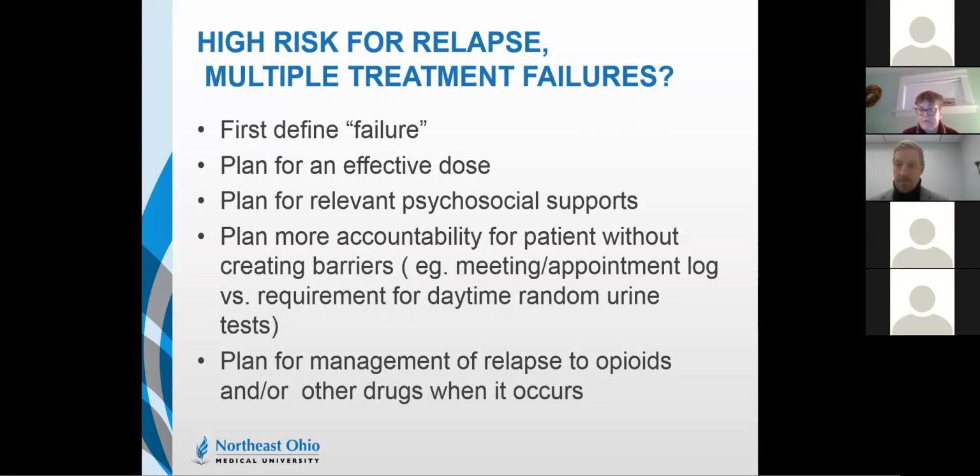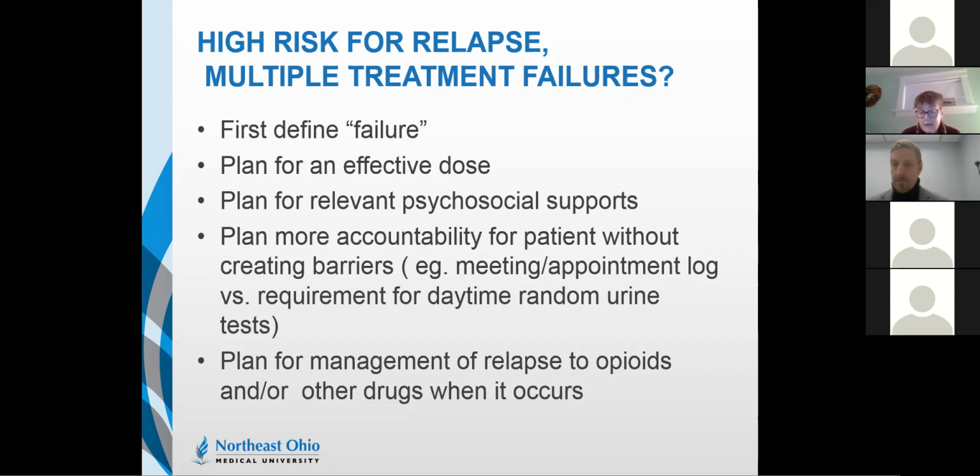People who need to have extra psychosocial supports beyond the ones that are required, and then the idea of planning more accountability for patients might be helpful. But I would also think sometimes less accountability initially as the person's getting started might help to remove some barriers and some discouragement for them too.